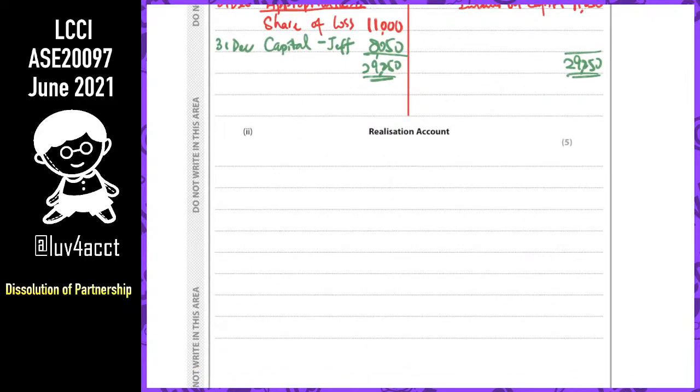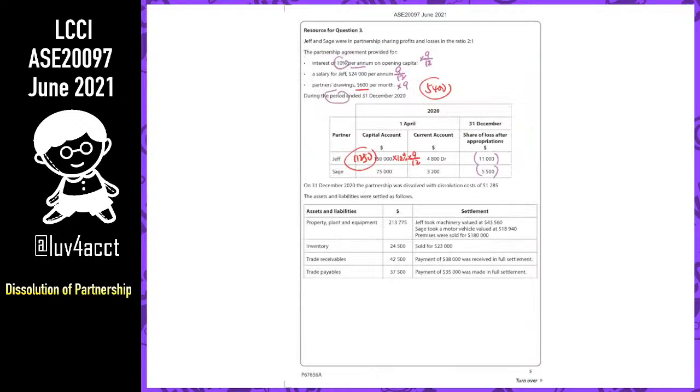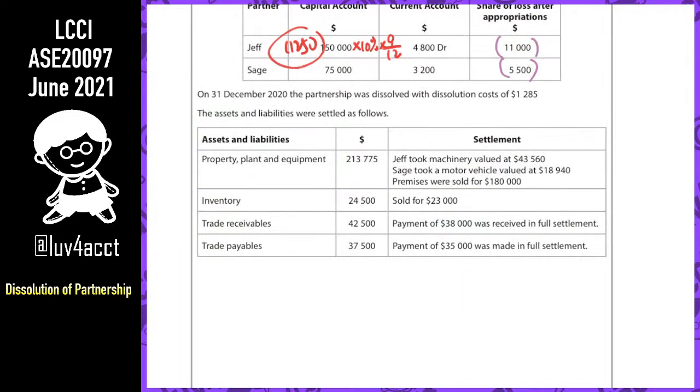Next, realization account. We haven't read anything about realization yet. Let us go on. On 31st of December, the partnership was dissolved with dissolution cost 1251285. Assets and liabilities were settled as follows. So assets and liabilities given to you the original balance, property, plant and equipment, inventory, trade receivable, trade payables, no other things.